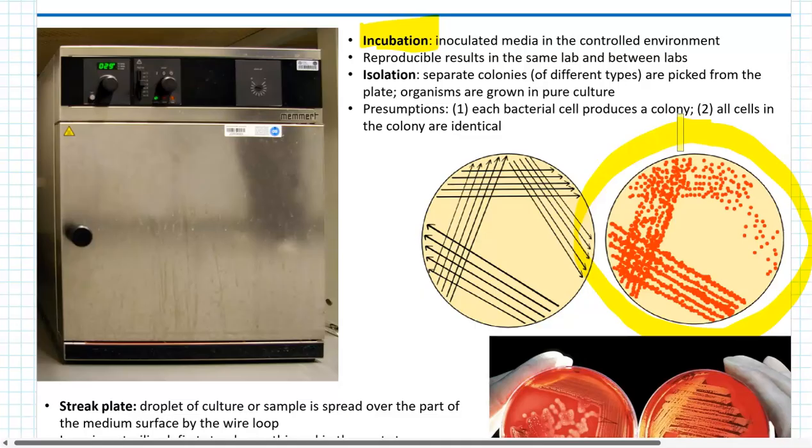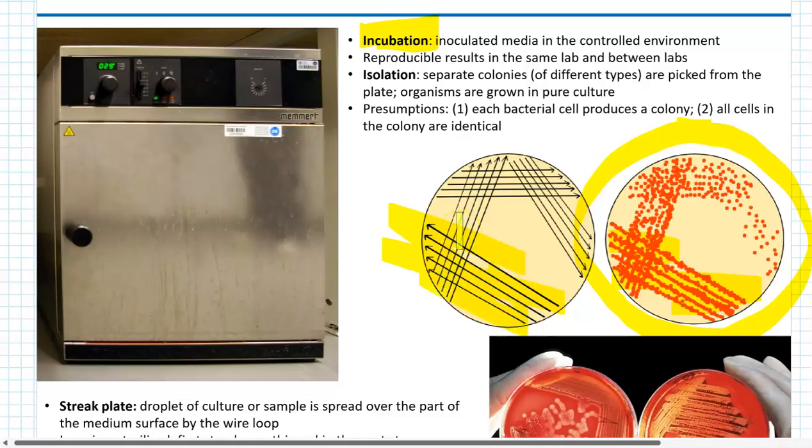This bottom one is the first streak, okay? So think of it this way. You have a big slice of bread, and you put some butter on one end of that slice, and the layer is pretty thick, okay?